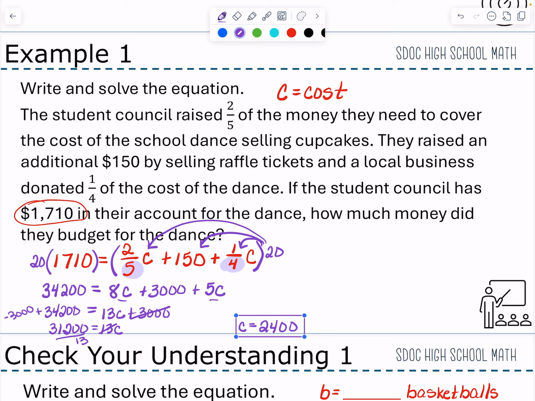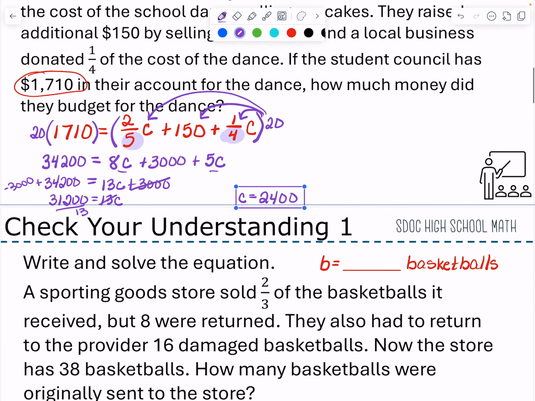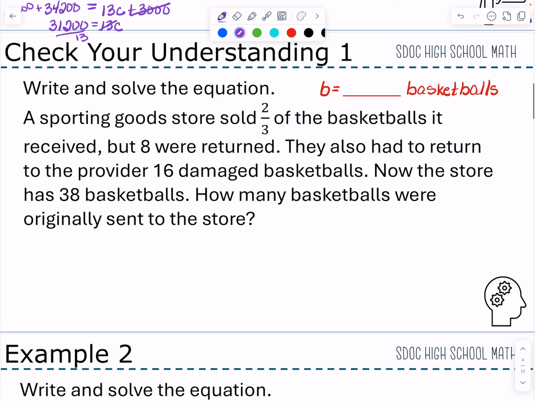And now let's go on to check your understanding. Now, I want you to try this one. I know there's going to be fractions involved, so let me help you set up the equation part, okay? So a sporting goods store sold 2/3 of the basketballs, so they already sold that. But 8 were returned.